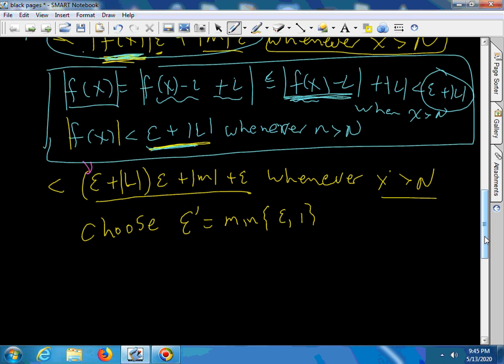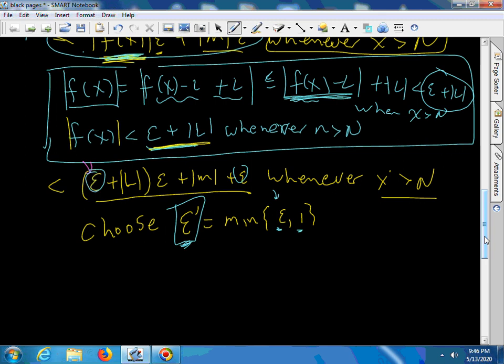Now, let us see if we can understand what's going on. If epsilon is bigger than 1, then epsilon prime will be 1. If these epsilons are less than 1, then epsilon prime will be epsilon. That means this has to be less than or equal to 1.